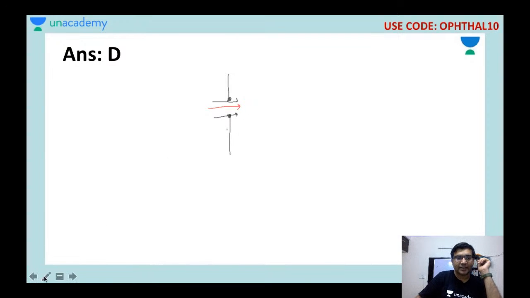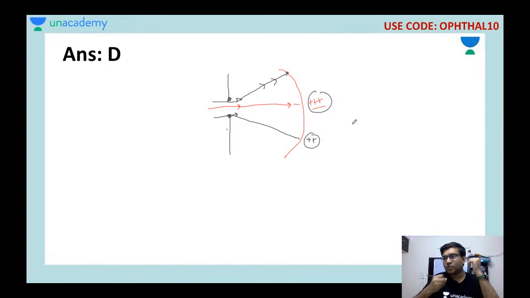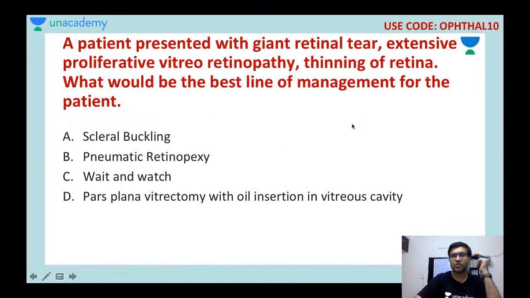Now this light, the red one, entering from the center of the pupil, would produce a response from the photoreceptors which is different from the one produced by the light which has gone through the edges of the pupil. So the response will be greater here as compared to here. This is called Stiles-Crawford effect. Is it clear, Dr. Danish, Dr. Manish? Okay, chalo. This is called Stiles-Crawford effect.